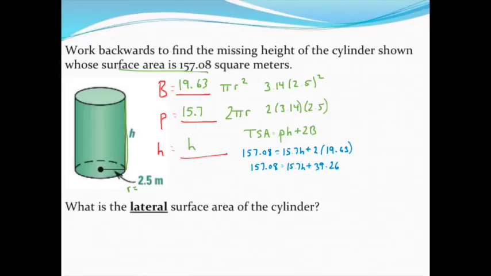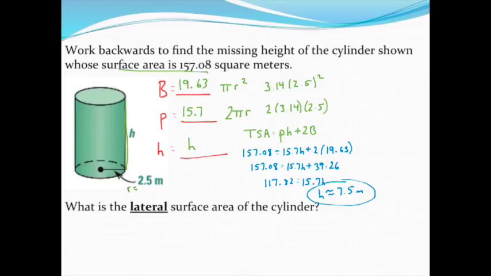So next up, I'd have to subtract 39.26 from both sides. That left me with 117.82 is equal to 15.7h. And finally, I'll divide both sides by 15.7, and that gets me a height of approximately 7.5, and my units are just going to be in meters. So my height is about 7.5 meters to get that total surface area.